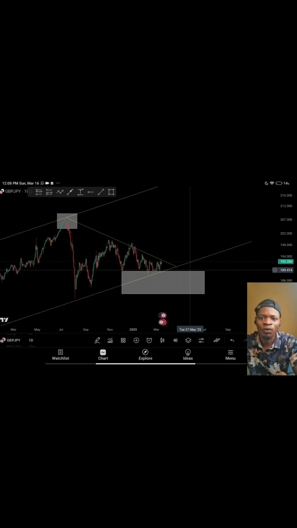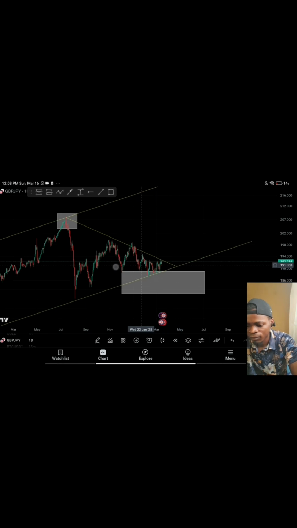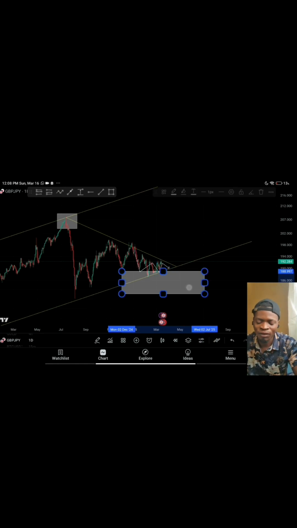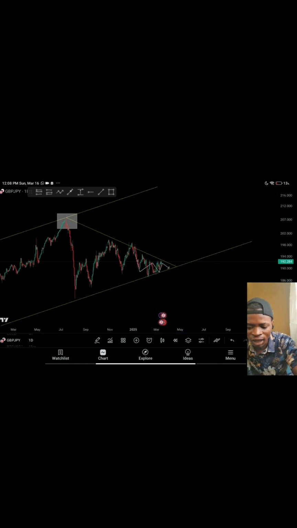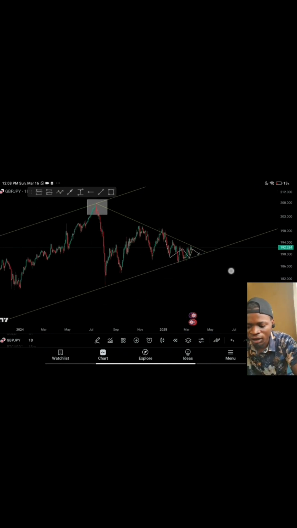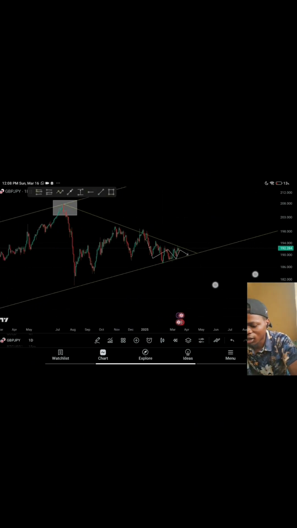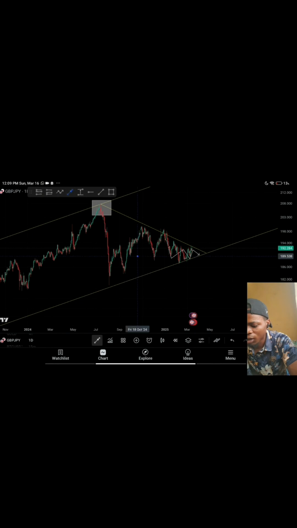As you can see, there's a battle going on here. So it's just easy. You just need to wait and see. Whoever wins at this point, you follow that direction. And even as you can see, the market is giving us a form of a triangle.